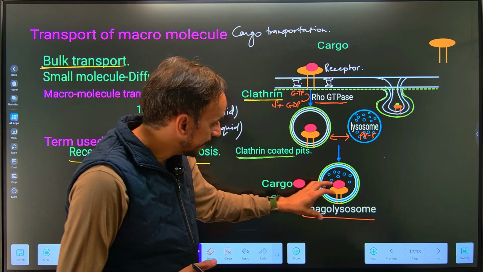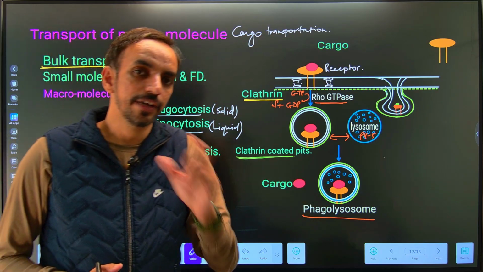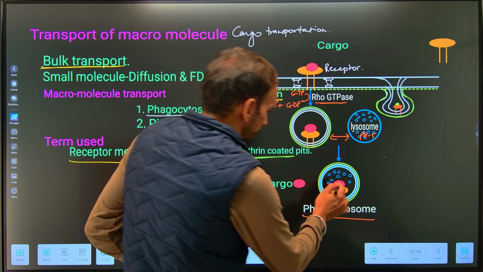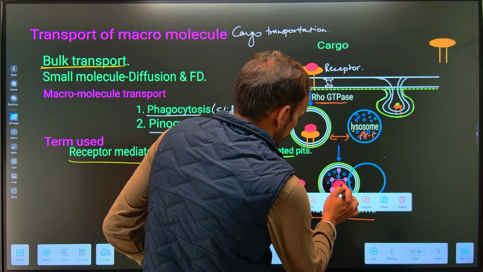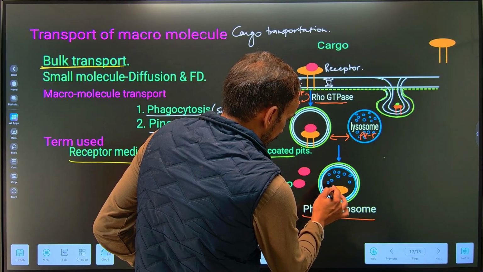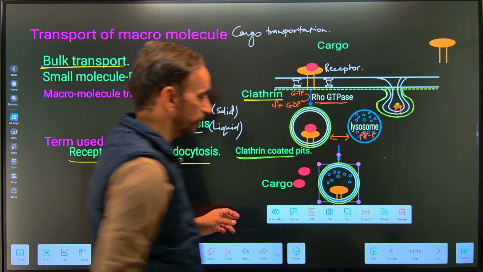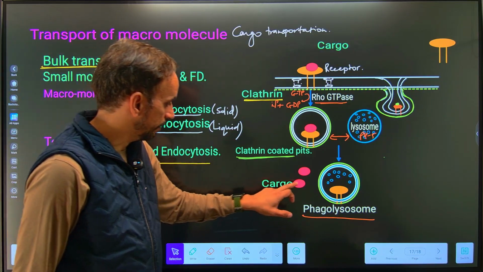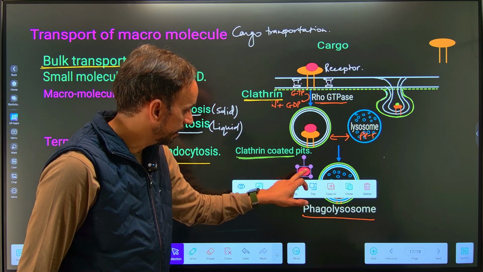Now due to this acidic environment, it will make a conformational change in the receptor. Now this receptor is not able to recognize this cargo molecule, and it will leave the cargo molecule within the cytoplasm.